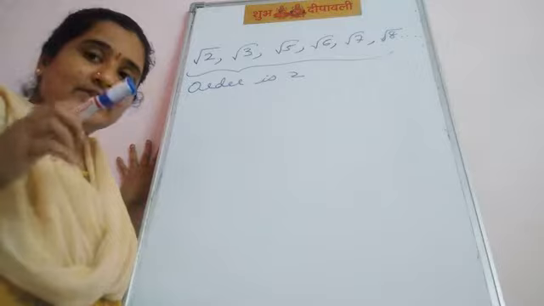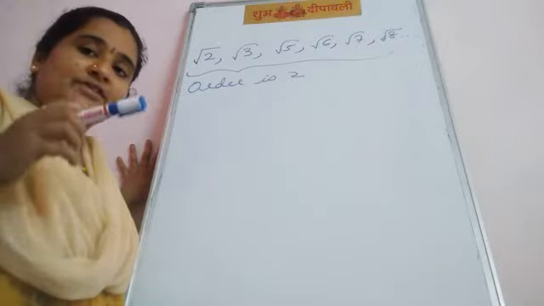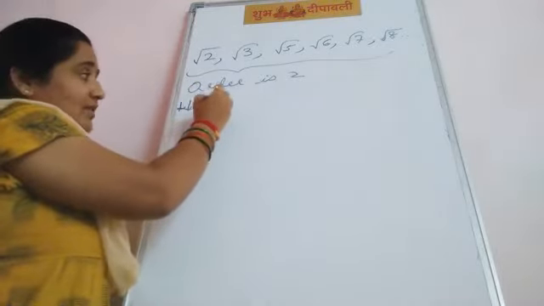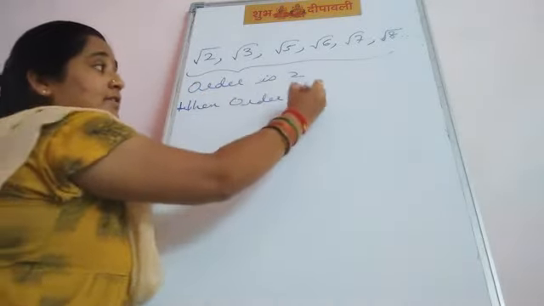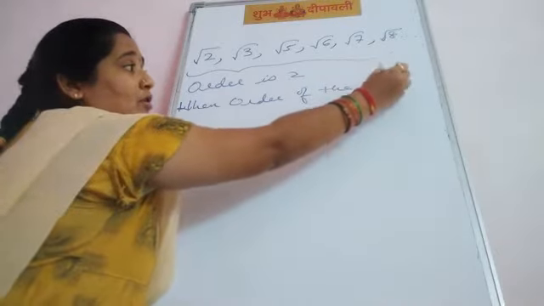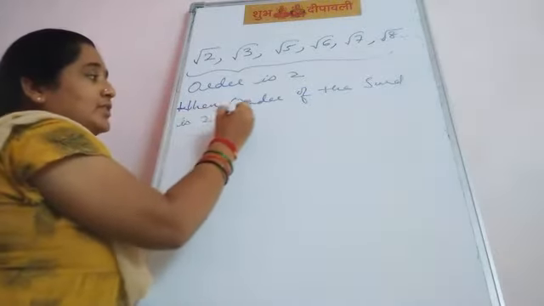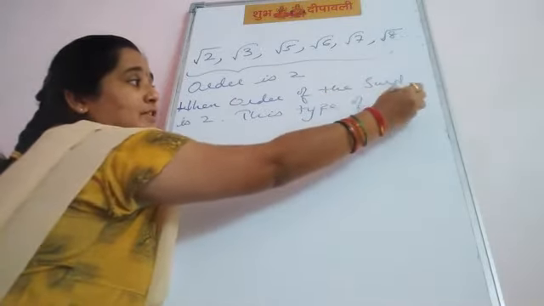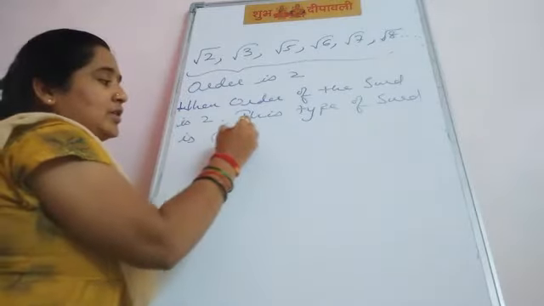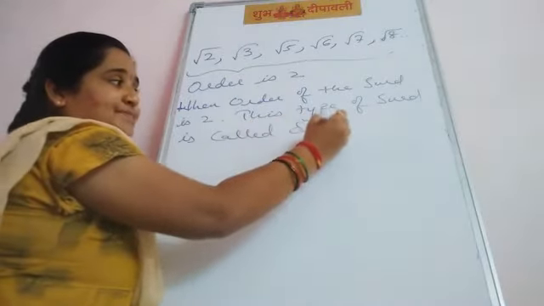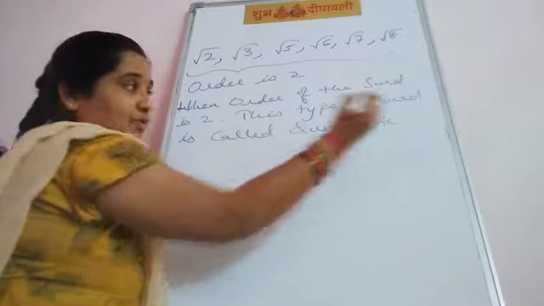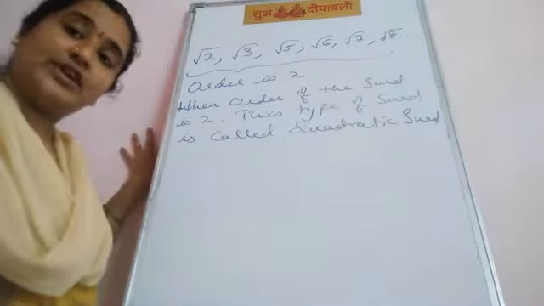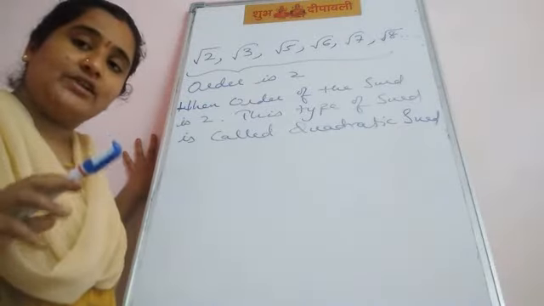When the order of the surd is 2, this type of surd is called a quadratic surd. Quadratic means 2. Okay, in this topic we are going to learn quadratic surds, only where the order is 2.